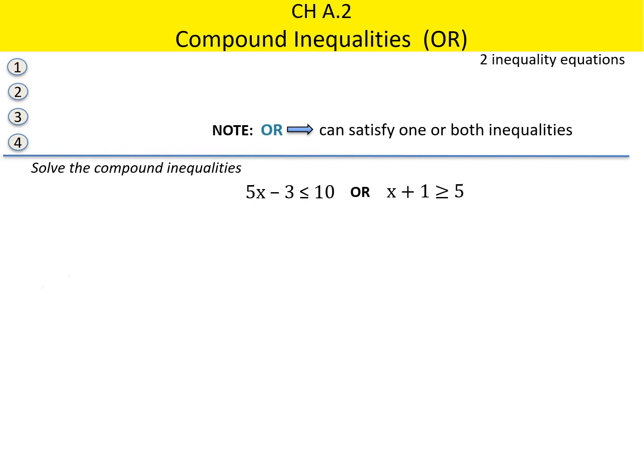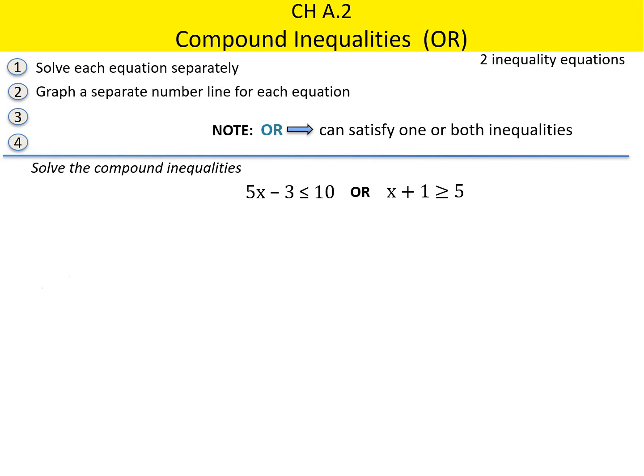We are going to solve this problem using the same procedure as we solve a single inequality equation. Our first step would be to solve each equation separately, and our second step would be to graph a separate number line for each equation.